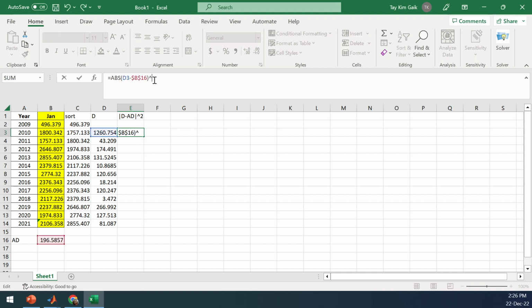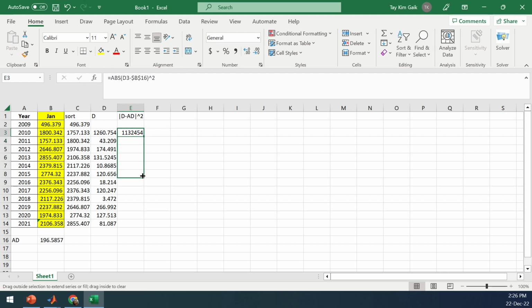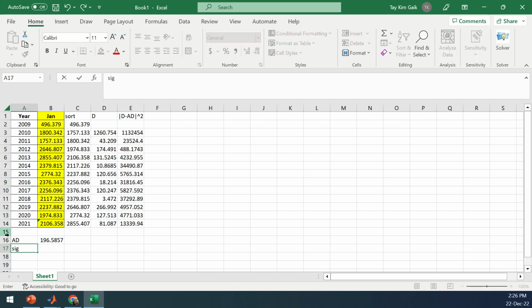And then you square it. So this is D minus AD squared, because we are going to find the standard deviation sigma. Sigma will be the square root of the average of D minus AD squared.